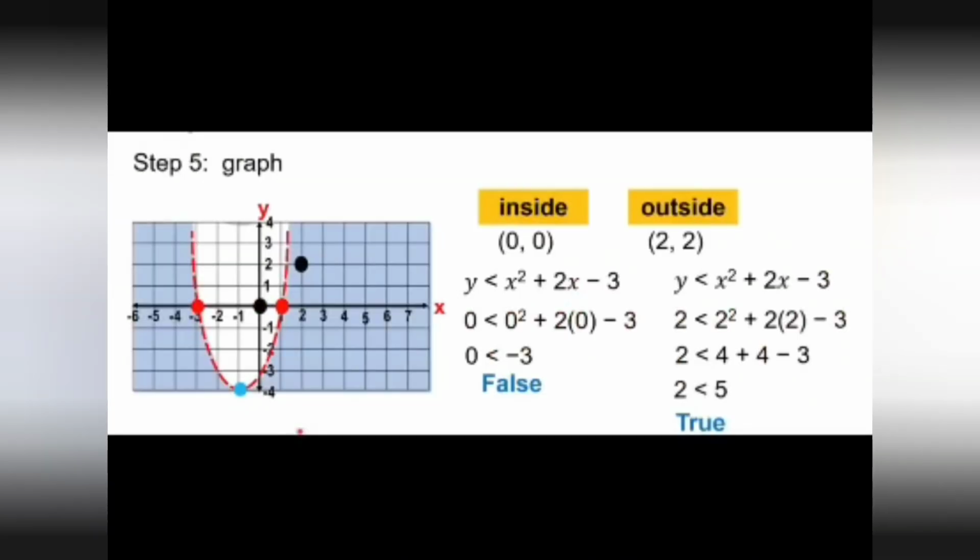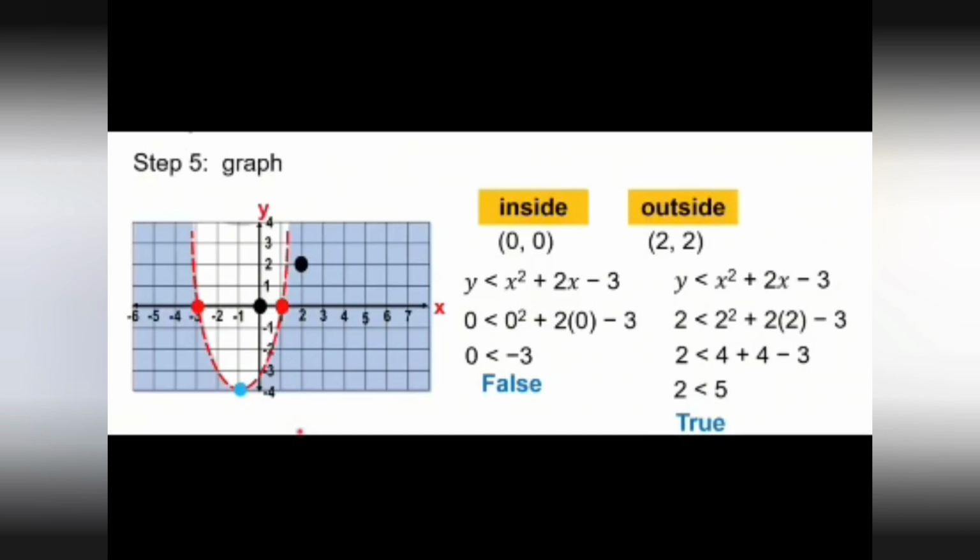This part is where we're going to identify which is the shaded part. So the first step is you need to find coordinates to test inside and outside. For inside, we use 0, 0, or x equals 0 and y equals 0, because that's the easiest.